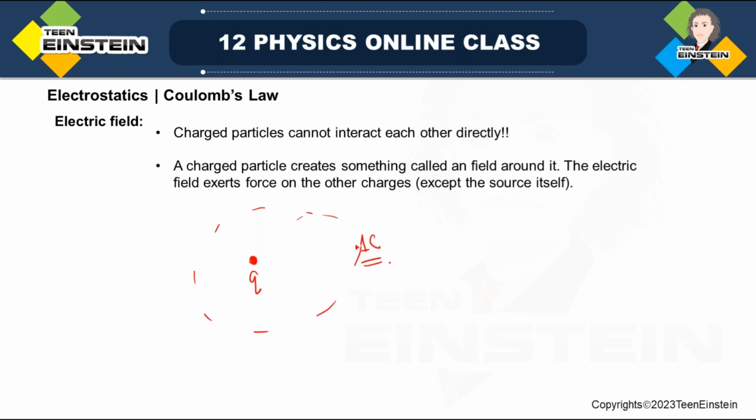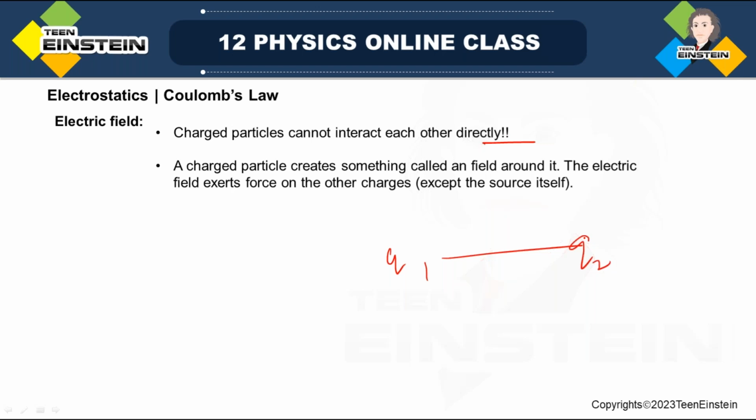So what is the case? The case is that charged particles cannot interact with each other directly. What does this mean? This Q1 and this Q2, we are calculating forces, that is fine, but here interaction means one will experience force due to the other, so that is called interaction. So this interaction cannot happen directly, but how does it happen then?